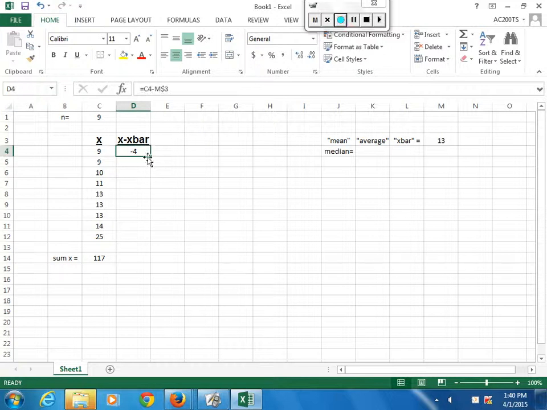I should get -4 in the next one, right? Oh, we didn't fill out the rest of this stuff. That's why. What was our median? 13? Mode is 13.